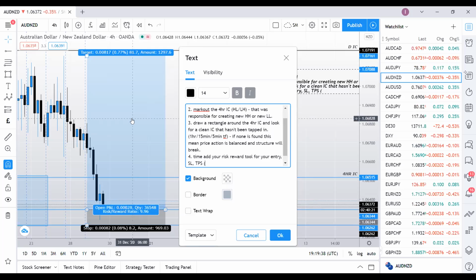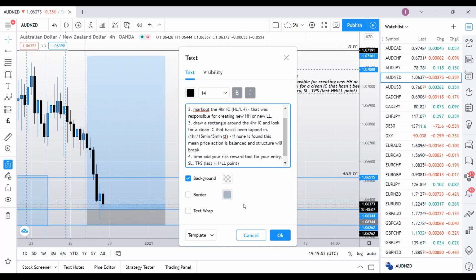TP, I'm going to put in brackets, you're going to mark it to the last higher high or lower low point.